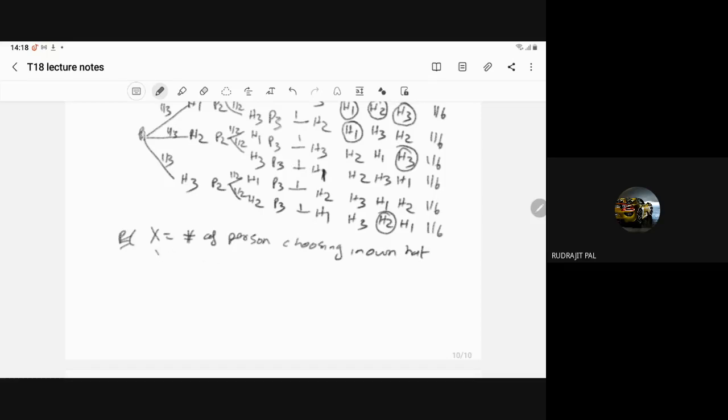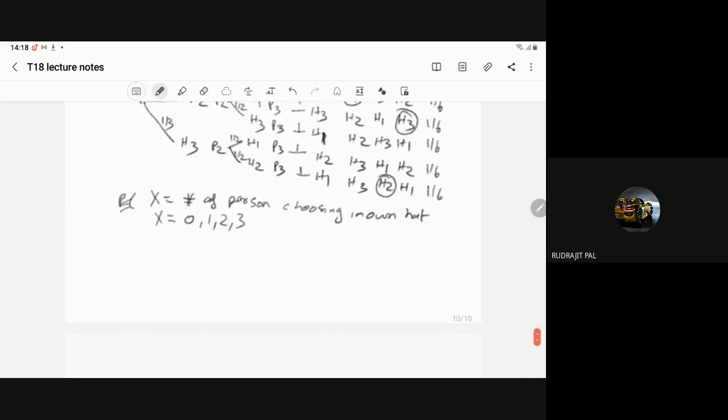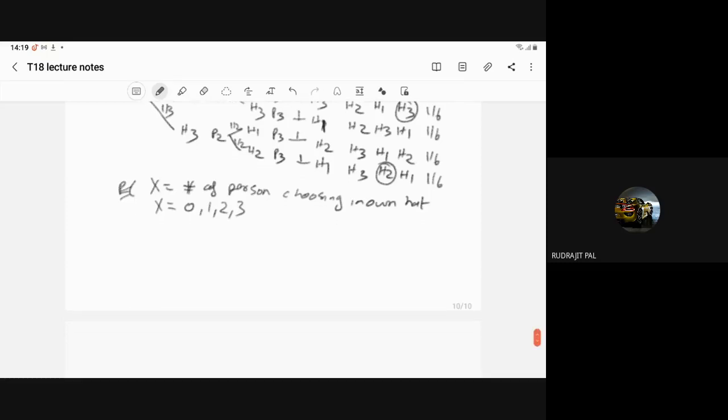So X can take the values 0, 1, 2, 3. At most 3, because all three can choose the correct hat.